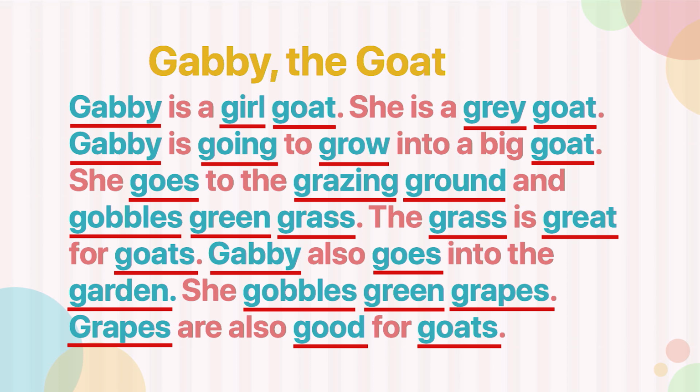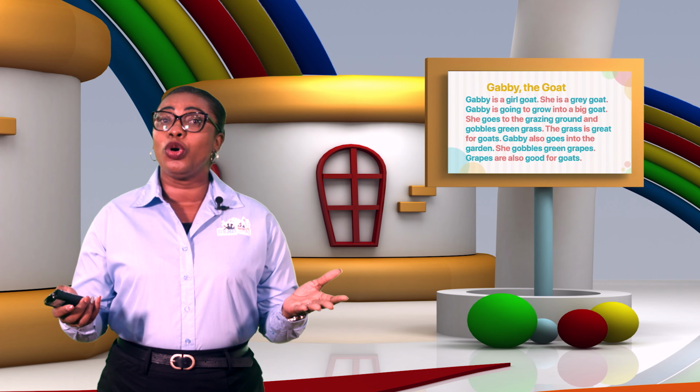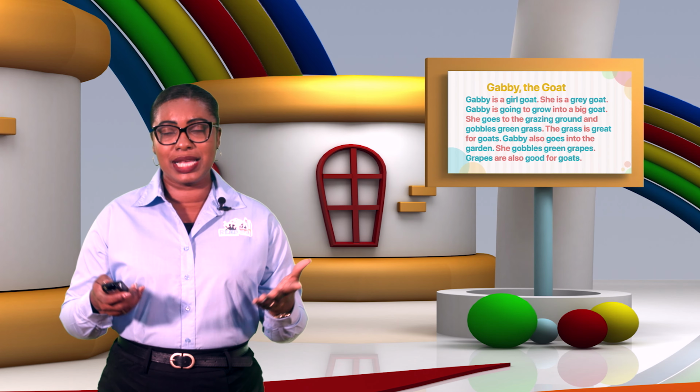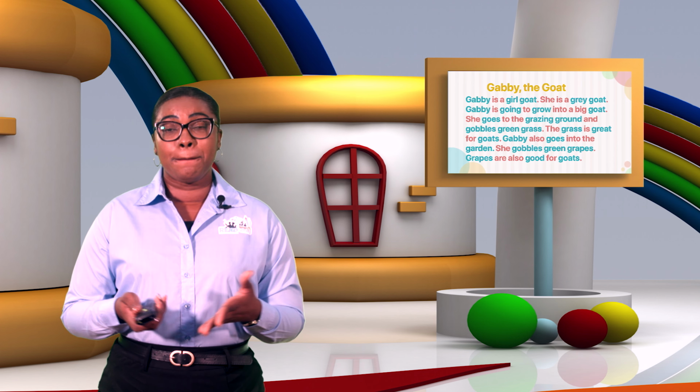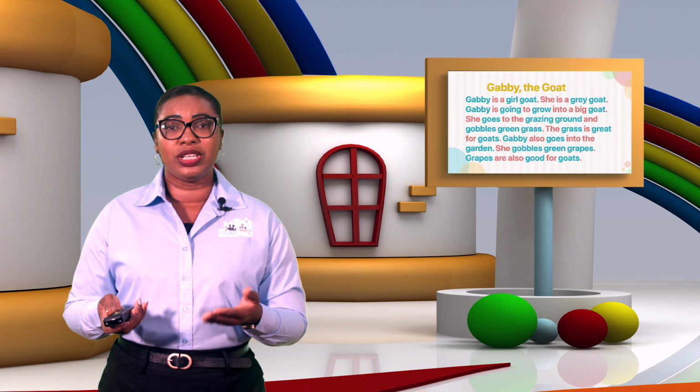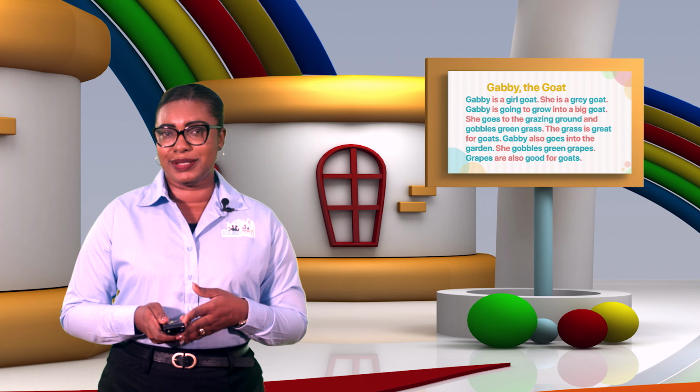So those are our words that begin with letter G. I hope you got all the words that were in that story. But like always, I'm sure that you know some other words.